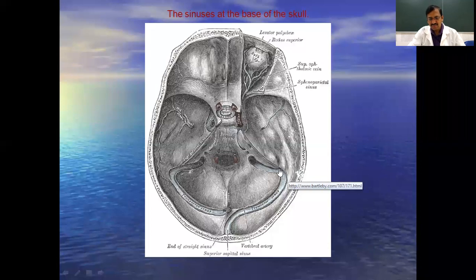The mastoid antrum may get infected through the middle ear, because the middle ear cavity and the mastoid antrum have a close relation. The infection may spread into the sigmoid sinus and lead to formation of thrombus, obstruction to the cerebrospinal fluid, the CSF, and formation of hydrocephalus.